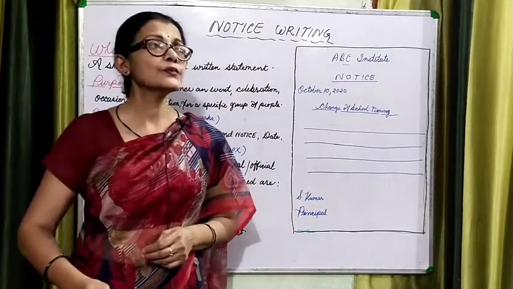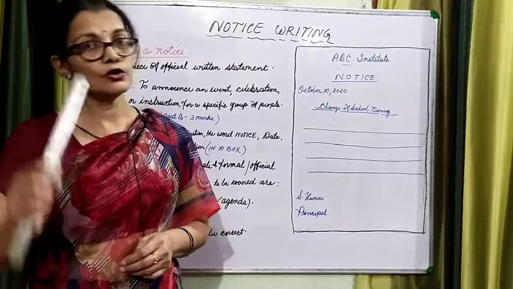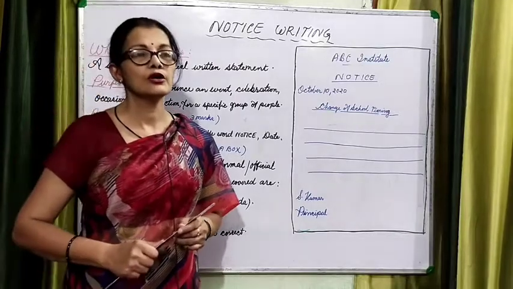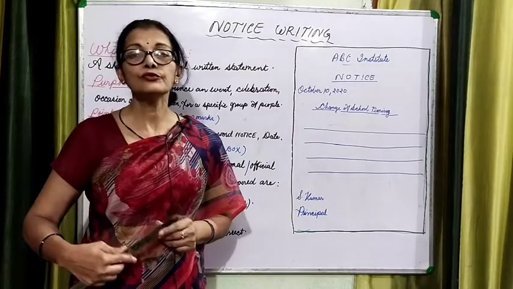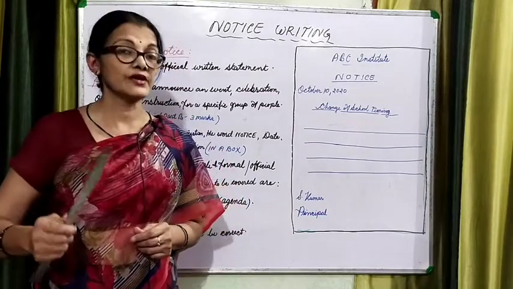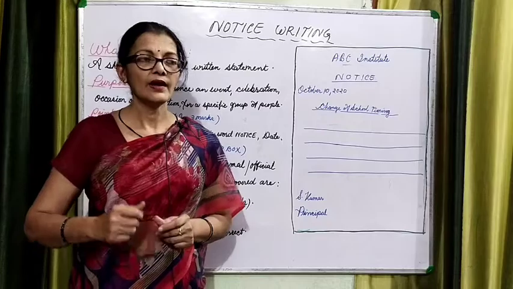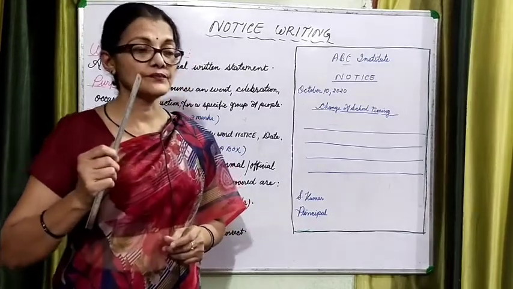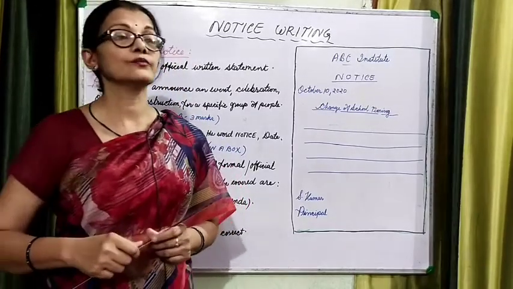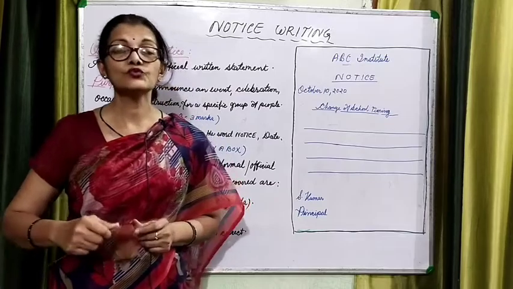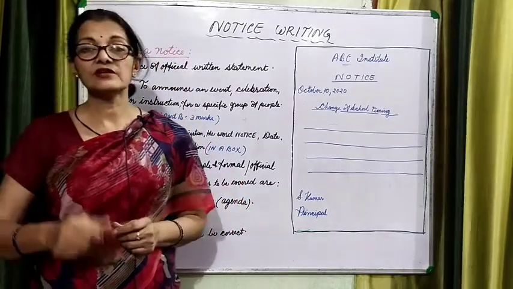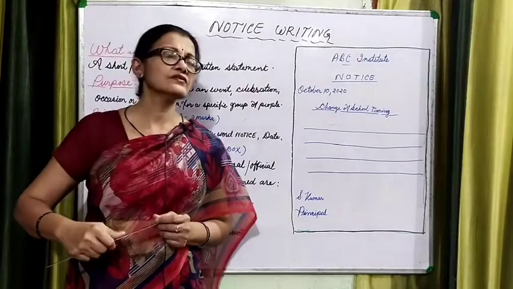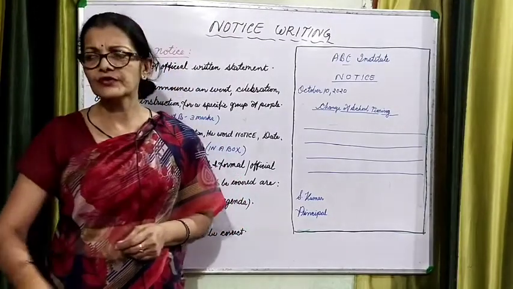Suppose there's a notice for all of you, for children of class 9th to 12th, for whom the school is going to open from 19th. The notice will be from the school, and it will be meant for the children of class 9th to 12th, or maybe for the children of class 1st to 12th.